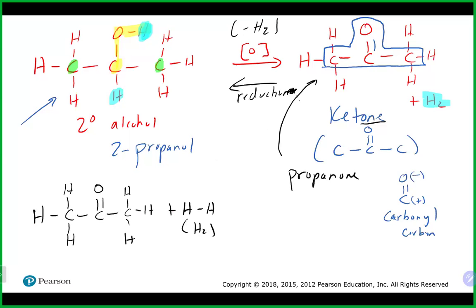And once again, the only place that's affected is the carbon-oxygen double bond. Just like when we have a carbon-carbon double bond and we add hydrogen, we need to make it a single bond. Same thing happens here if you're doing the reduction reaction and you're starting with the ketone.